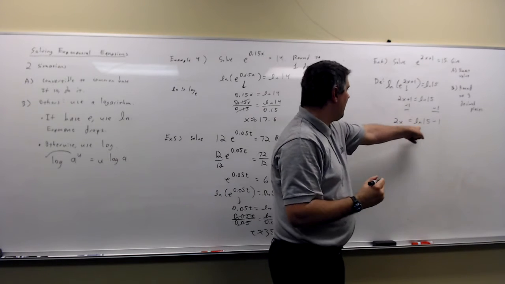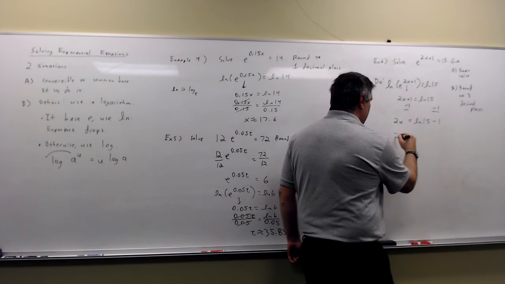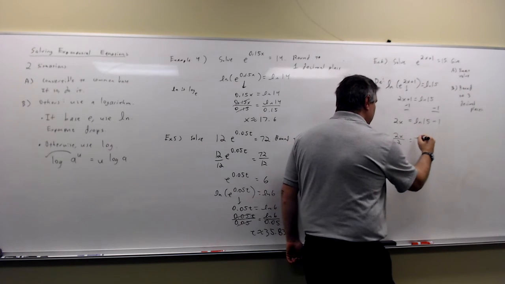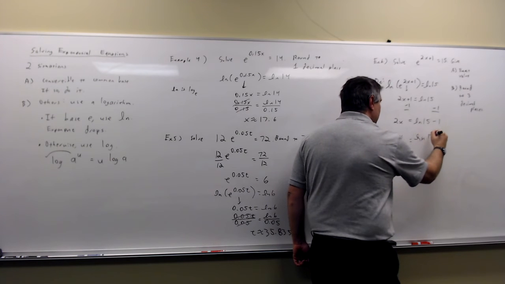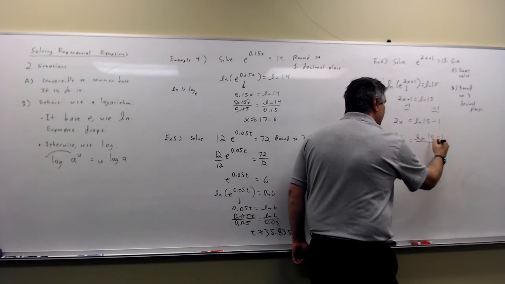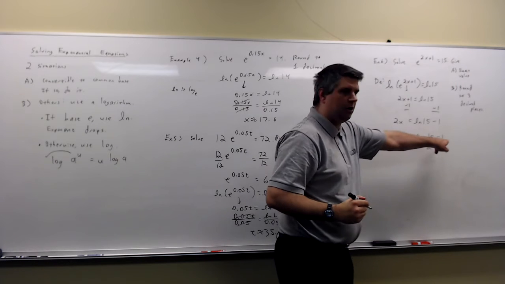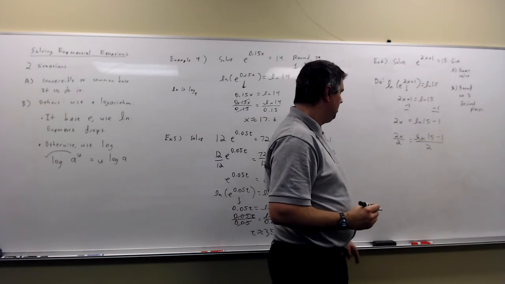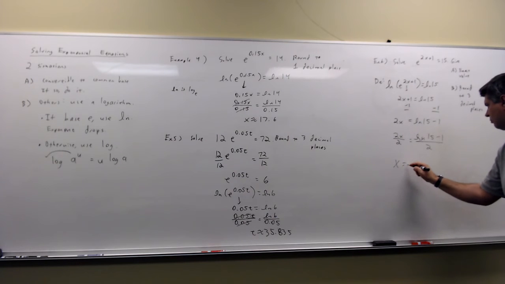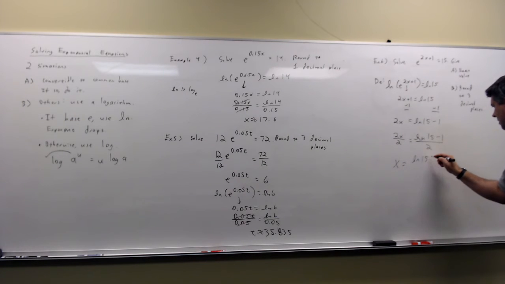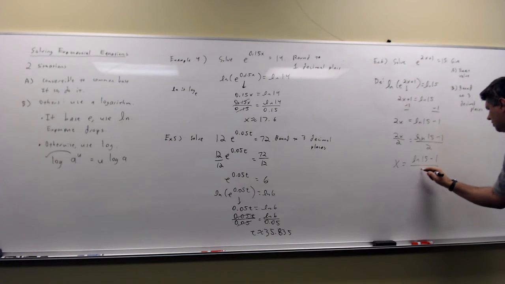Divide off the 2, divide off the 2. Natural log of 15 minus 1 over 2. Don't combine those because they're unlike terms. So, x equals the natural log of 15 minus 1 over 2.